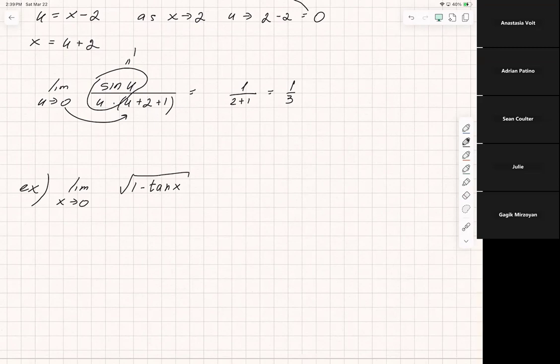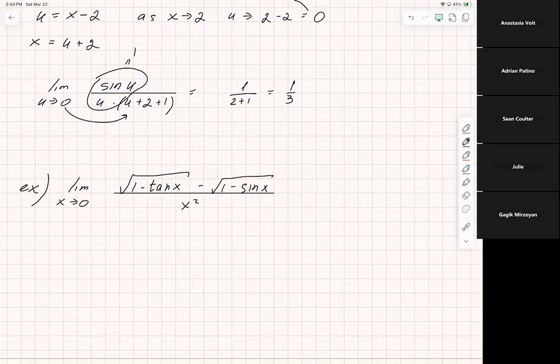So we have the limit as x approaches 0 of square root of (1 minus tangent x) minus square root of (1 minus sine x), over x squared. Okay, so if we plug in 0, we get 0 over 0. We have square root of 1 minus square root of 1, that's 0 over 0, right?